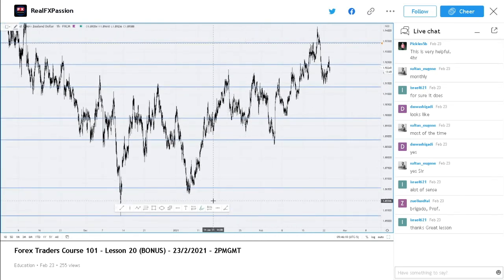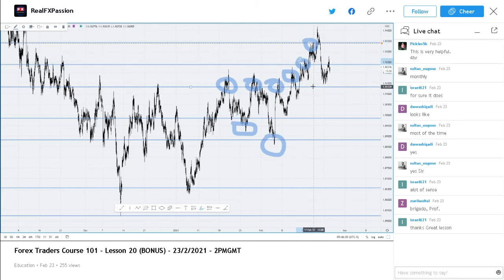One more time, everybody, how curious the market reacted here. Didn't react here. Reacted here, reacted here, reacted here. Didn't react here, it's in the middle. Reacted here, reacted here, didn't react here.